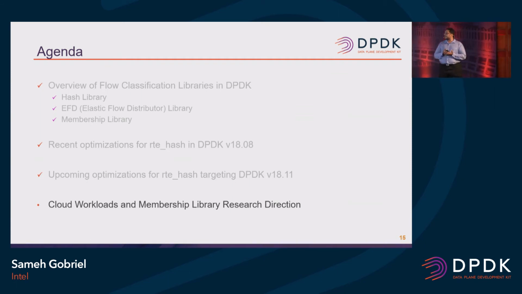For the rest of the slides, I will be talking about cloud workloads and using the membership library in the cloud workloads. We have just started looking into that. If you think this idea doesn't really make any sense to you, just shoot it down now before we do any kind of work. If you have something that will benefit from this research, let us know.